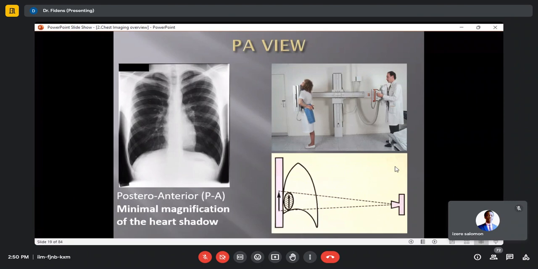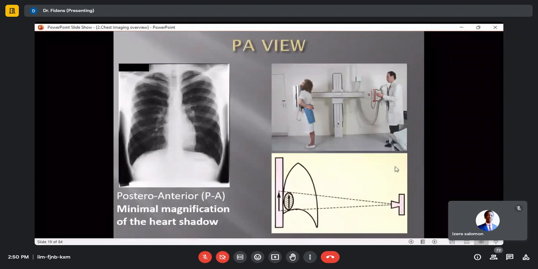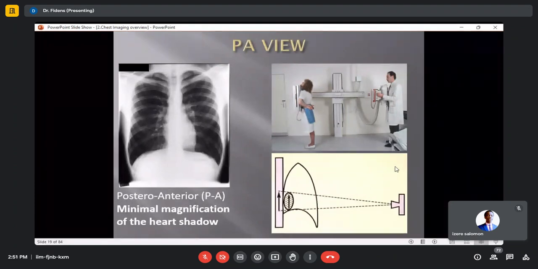About those ribs, if you want to see all of the ribs from 1 to 12... When we expose the patient for a film in the inspiratory phase, what happens to the chest?